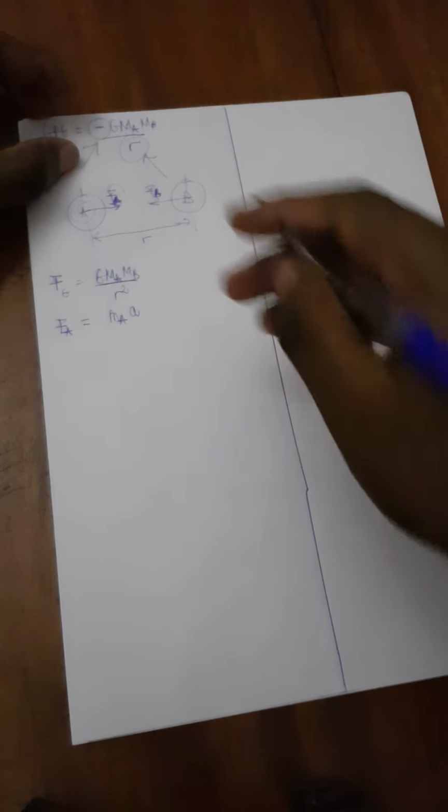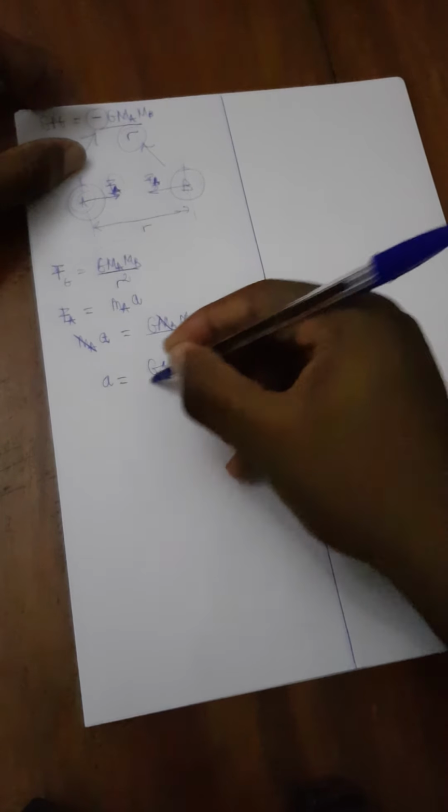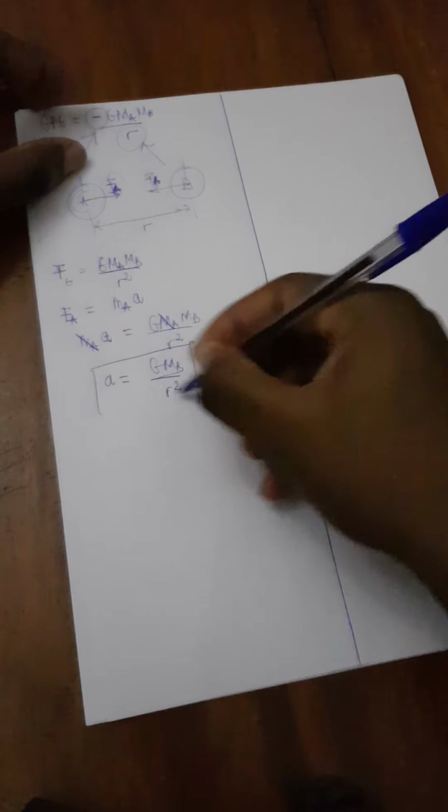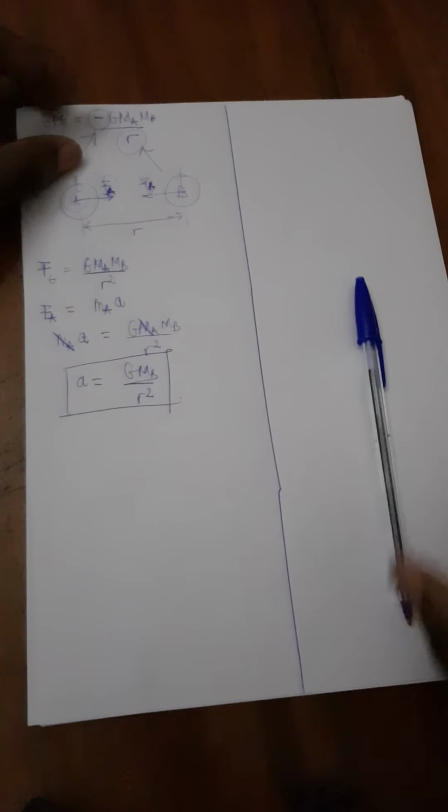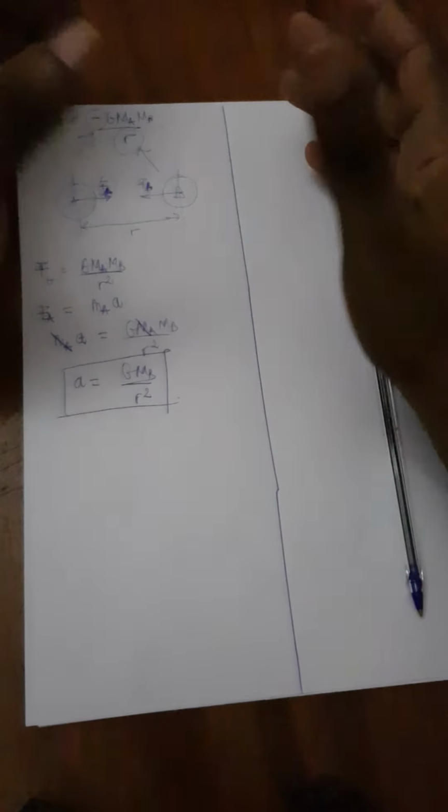Now, we know that this force is actually equal to this gravitational force because they are exerted between each other. So if I equate, I'm going to have m_A times acceleration is equal to G m_A m_B all over r squared. So this and this cancel, and I have acceleration is equal to G m_B all over r squared.